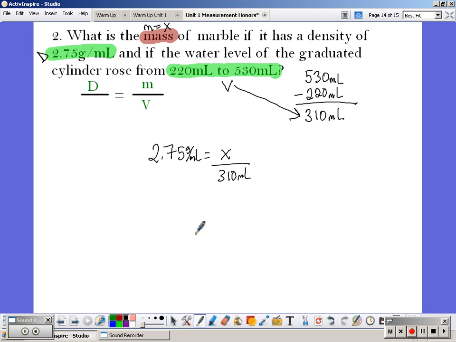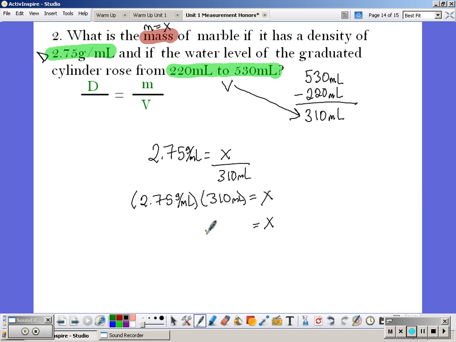To get X by itself, all we have to do is multiply density times volume, which gives me my mass. Now for significant figures, the density has 3 sig figs, but the volume only has 2. There's no decimal, so the 0 is not significant, so the volume is just 2 sig figs.